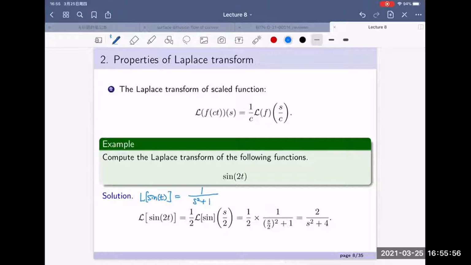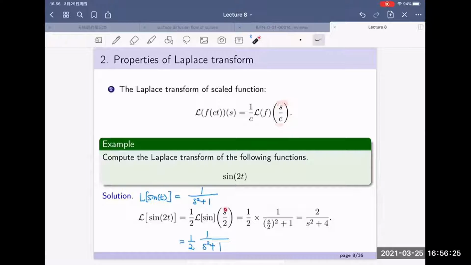And then for the Laplace transform of sine 2t, you get a 2 here. This 2 is this constant. So you get 1 over 2 times the Laplace transform of sine t, but in the end you should replace your s by s over c.